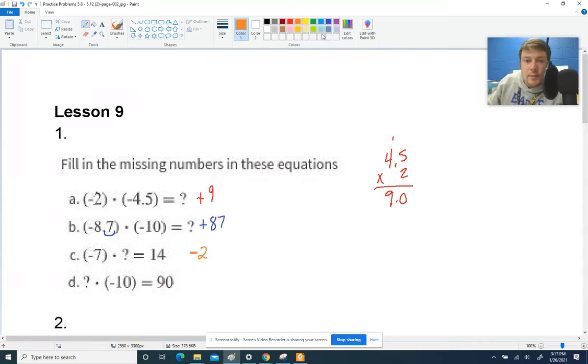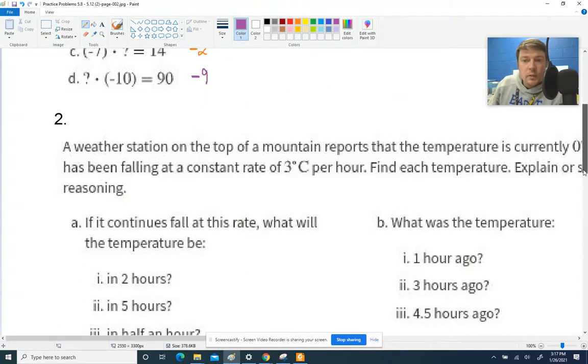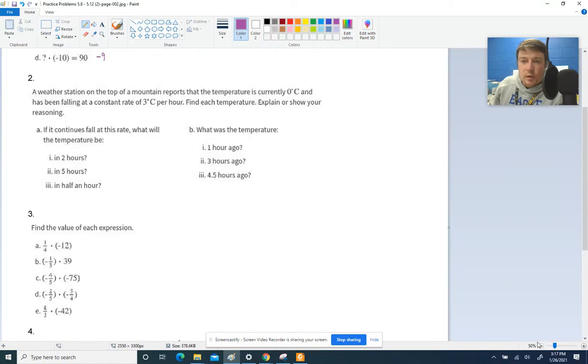So -2. And the last one for that section, what number can we multiply by -10 and get a positive 90? Same idea. For us to get a positive outcome, the other factor has to be negative. And what number can we multiply by 10 and get 90? And that is 9. So pretty easy stuff there, testing your rules. And let's move on to the weather station problem.